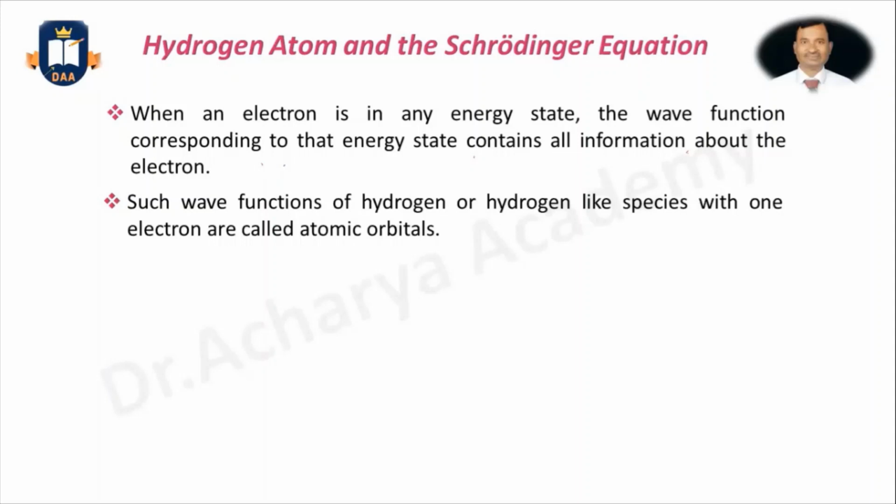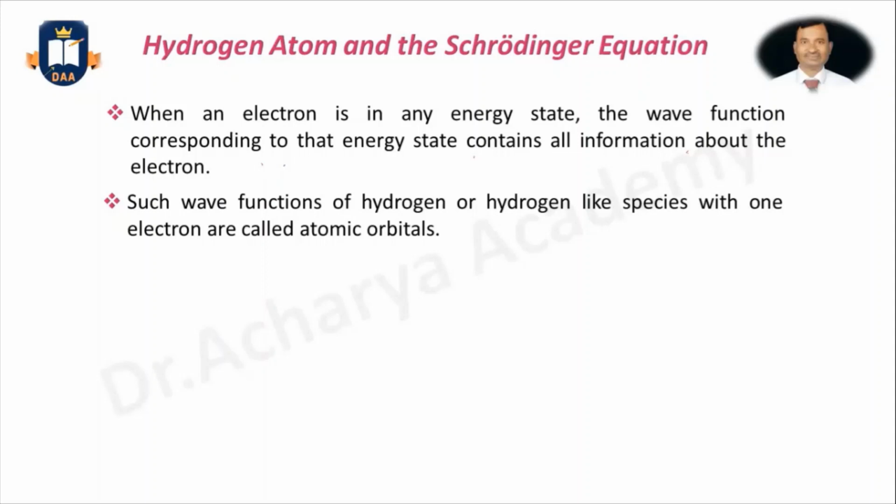Such wave functions are for hydrogen or hydrogen-like species. What is this? Hydrogen, we know, is a one electron system. Hydrogen has one electron. If you consider helium in its singly positive charge state, helium has 2 electrons, but He plus also has 1 electron.